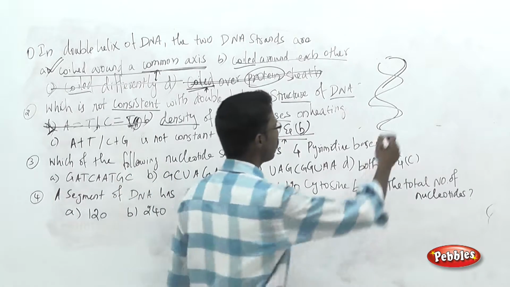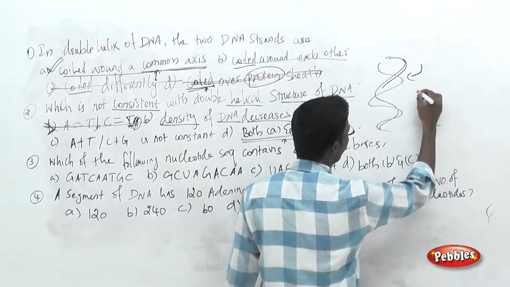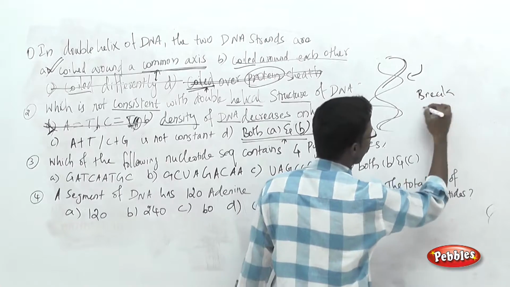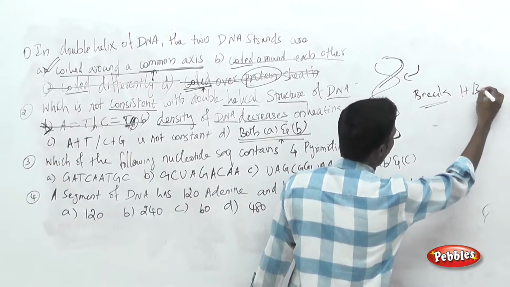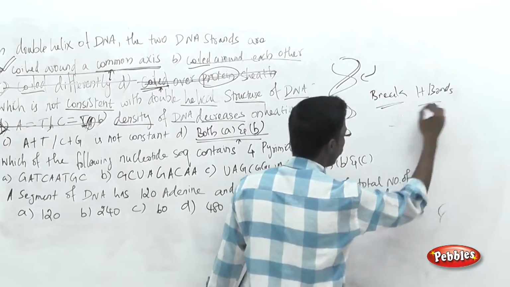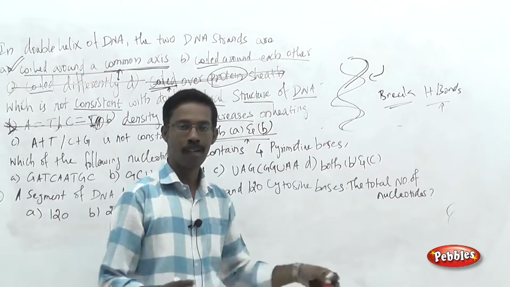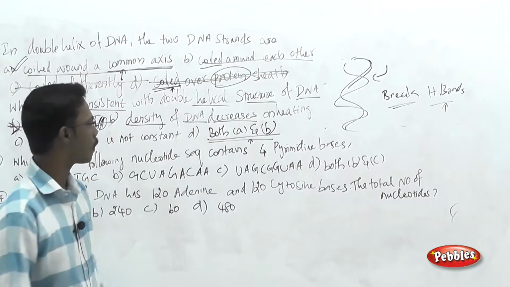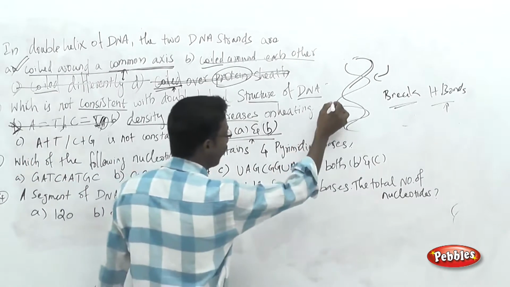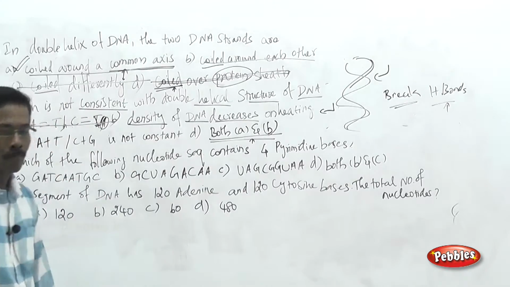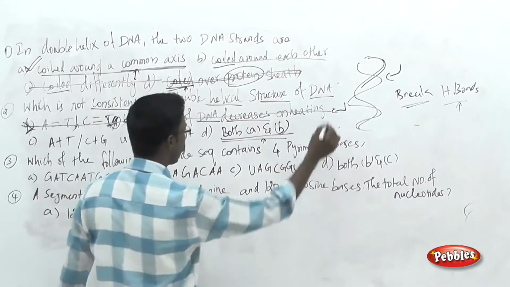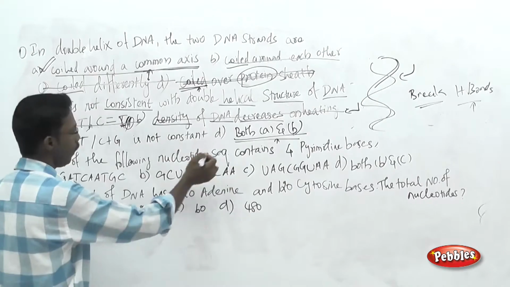Why does it denature the DNA structure? It is going to break the hydrogen bonds between the nitrogenous bases. If there are no hydrogen bonds, it will release the 2 strands apart. So it will increase the density of the DNA. So this is a wrong choice. So both A and B are wrong.